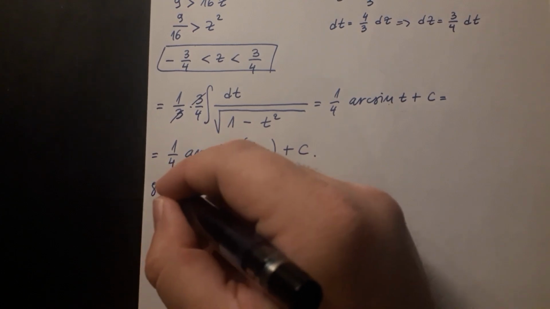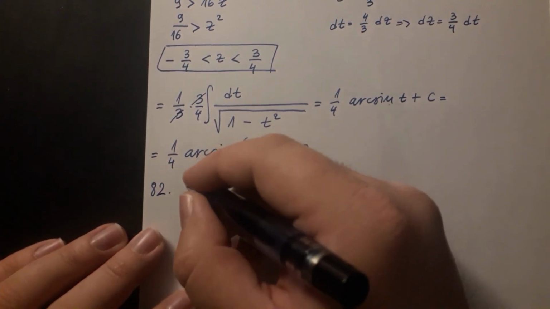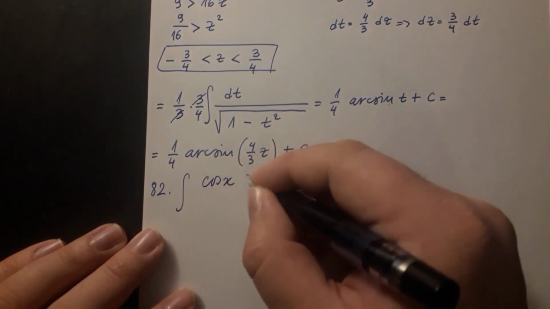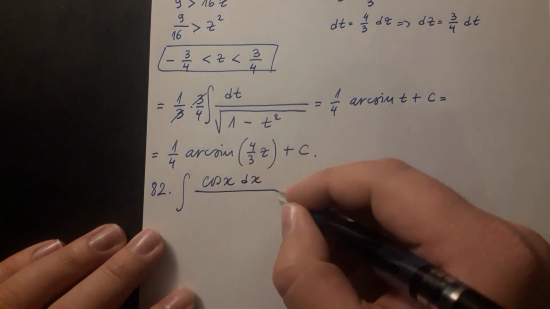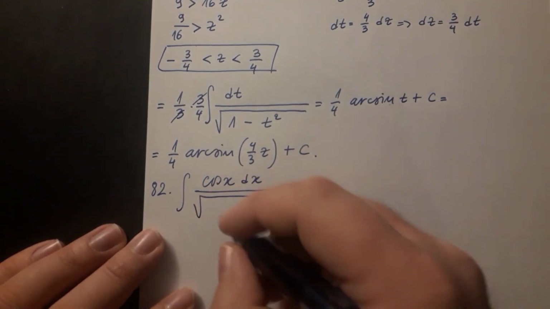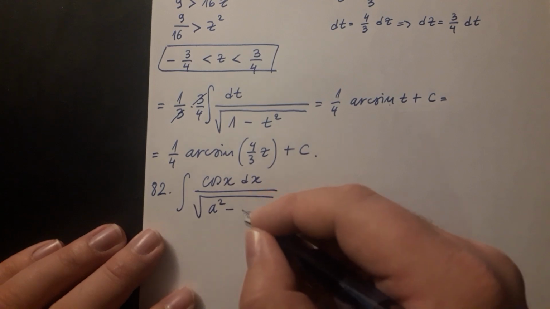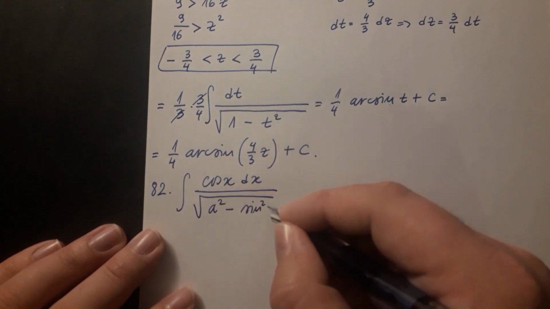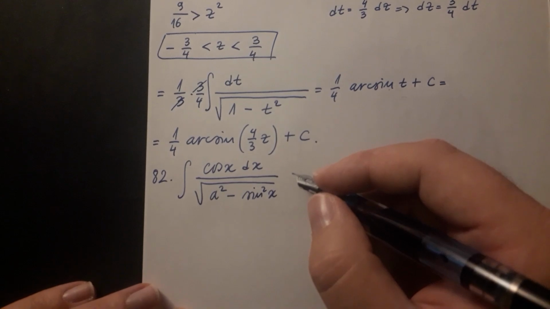Problem number 82 on our list is an integral of cosine x dx divided by a square root of a squared minus a sine squared of x.